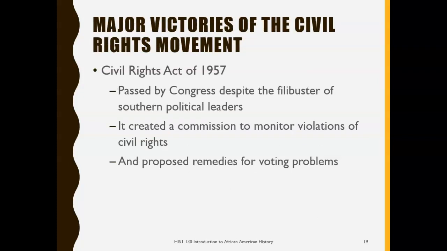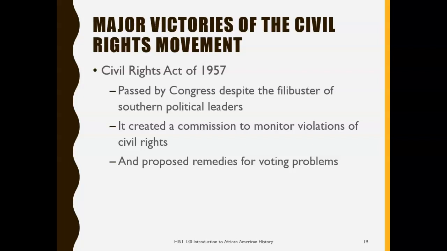Now let's review some of the major victories of the civil rights movement in the 1950s and 1960s. There were many civil rights acts passed by Congress since the Reconstruction in the 1860s, but the most important civil rights act was passed in the 1950s and 60s.